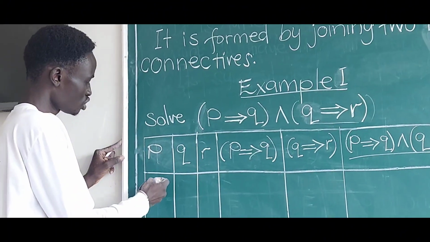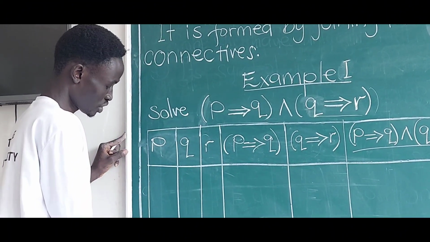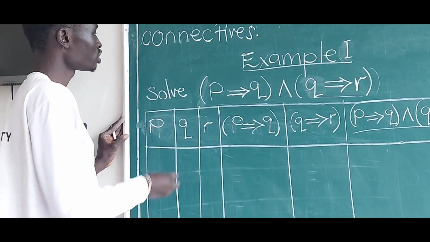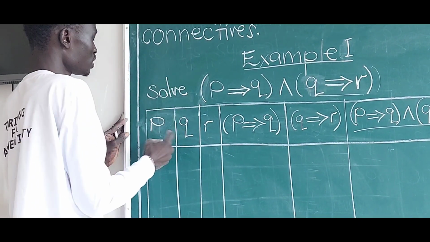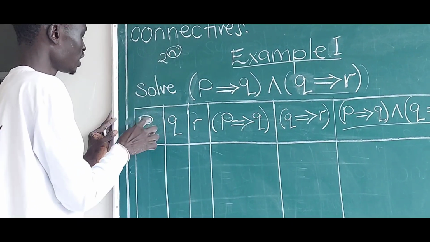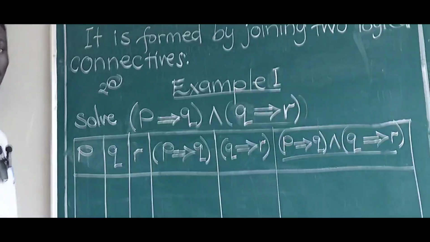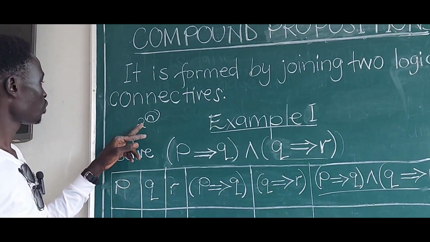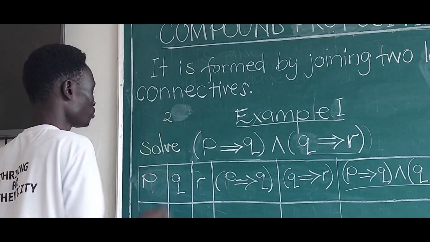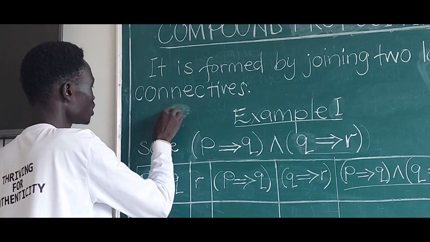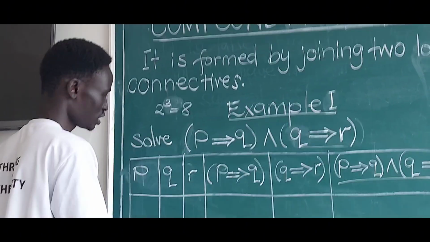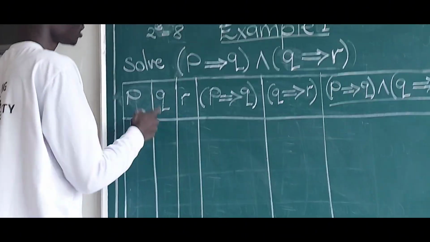Now let's see how we can solve this. First of all, you need to draw the rows. How can we draw these rows? To draw the rows, you must first express the letters in an exponential function, where n represents the number of letters. We have three letters here, so it is 2 to the power 3, and when you express that, you get 8. Meaning here you are going to put 8 rows.